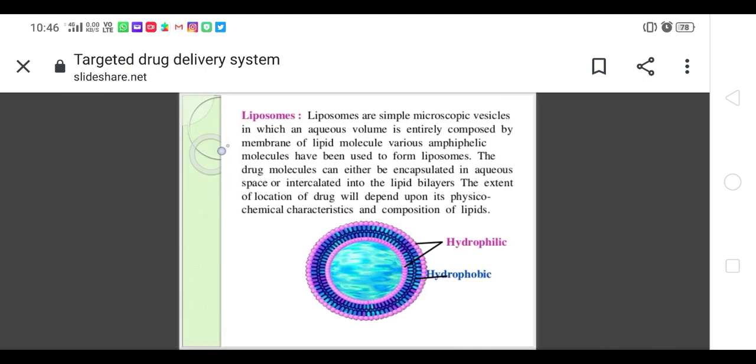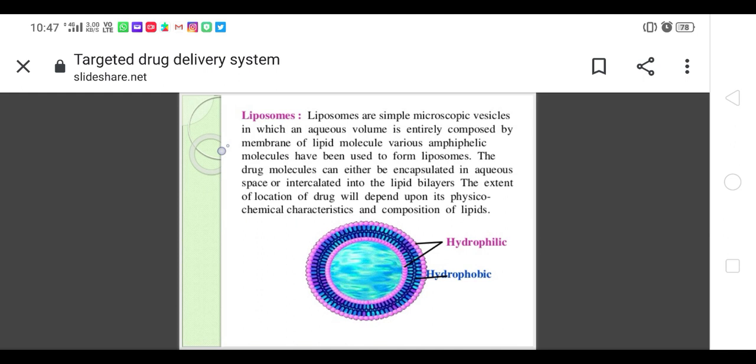Now in case of liposomes, as we know, liposomes are vesicles in which an aqueous volume is enclosed by a lipid membrane. Various amphiphilic molecules are used to form liposomes, right? So drug molecules can be encapsulated in the aqueous space as well as in the bilayer lipid layers, right?